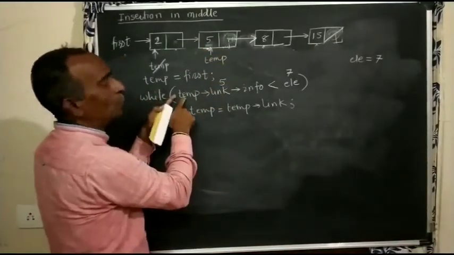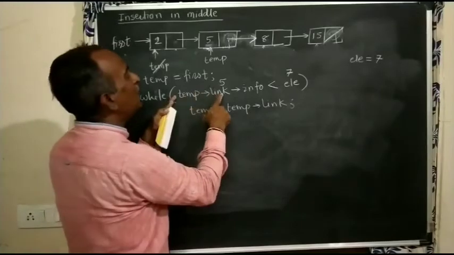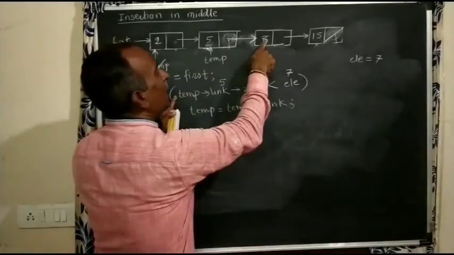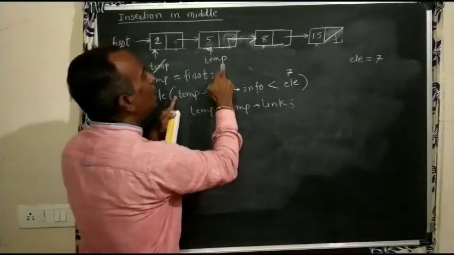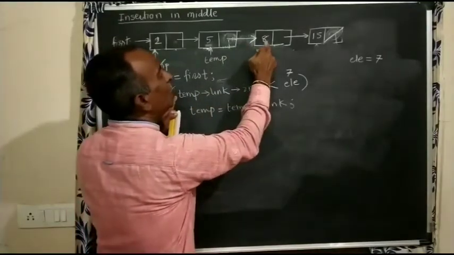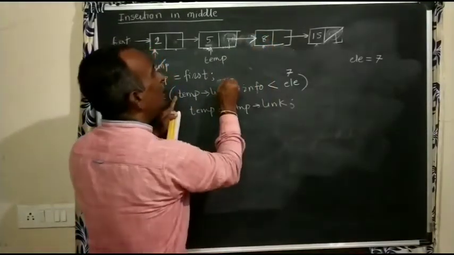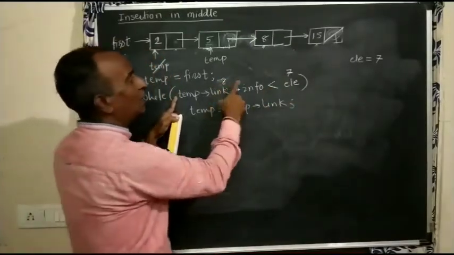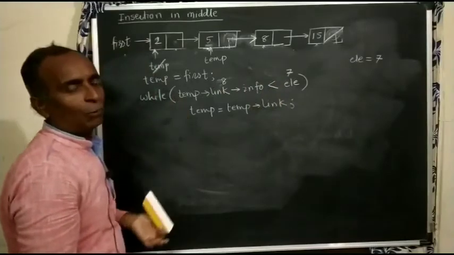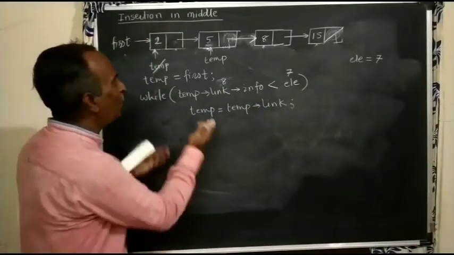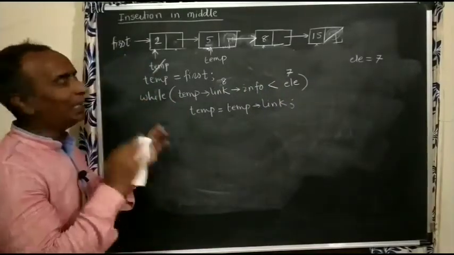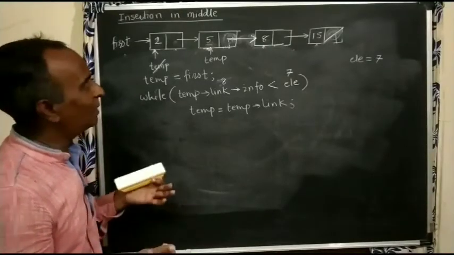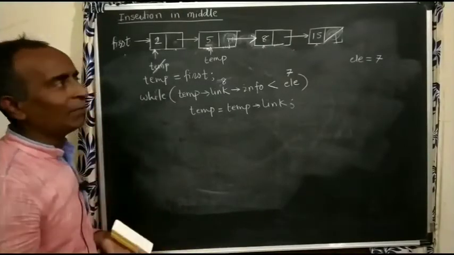Again it will go to the loop. Keeping temp here, you are accessing 8 now. So temp's link means this node's info field is 8, compared with 7. Is this condition true or false? False. Now when false, it will come out, which means what we are getting in temp is the predecessor node's address, right? So this is another way.